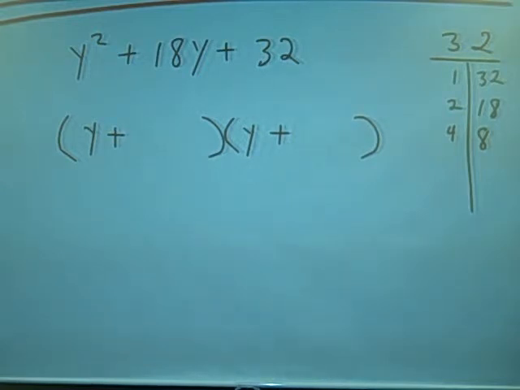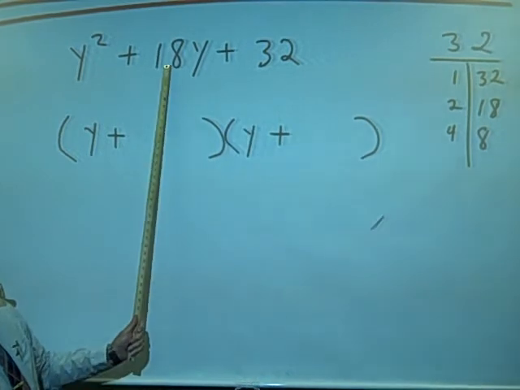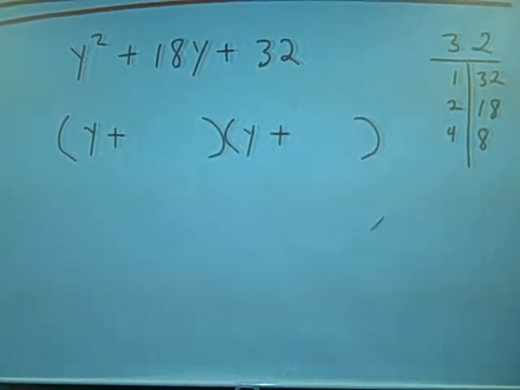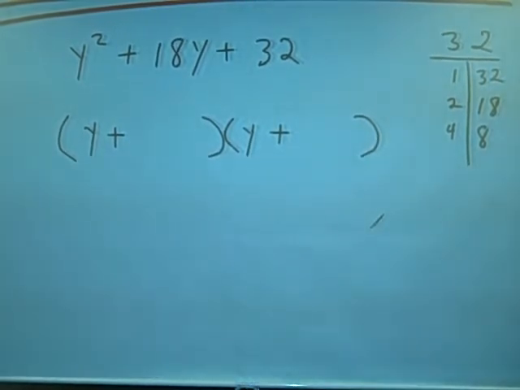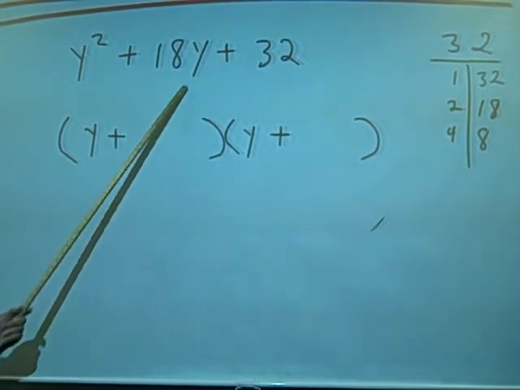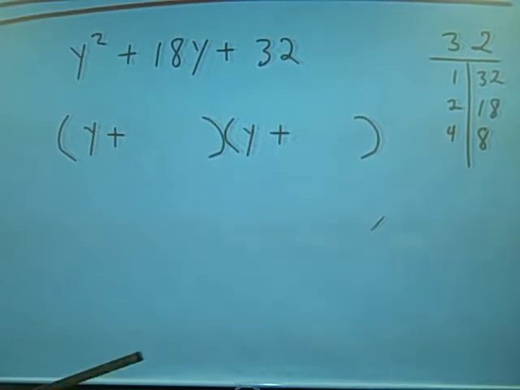So, are these factors going to add or subtract to give us our middle term? Add, right? Very good, because it's plus here. Our signs are the same. They're going to add. So that really narrows down our possibilities, our trial and error.